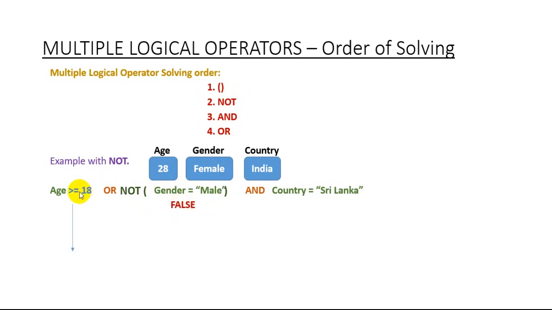Then we have age greater or equal to 18, and this one is NOT of false, and then country equals Sri Lanka is also false. NOT of false means it's true, right? Out of this, we worked out the NOT first, and then we are now working out the AND after that.